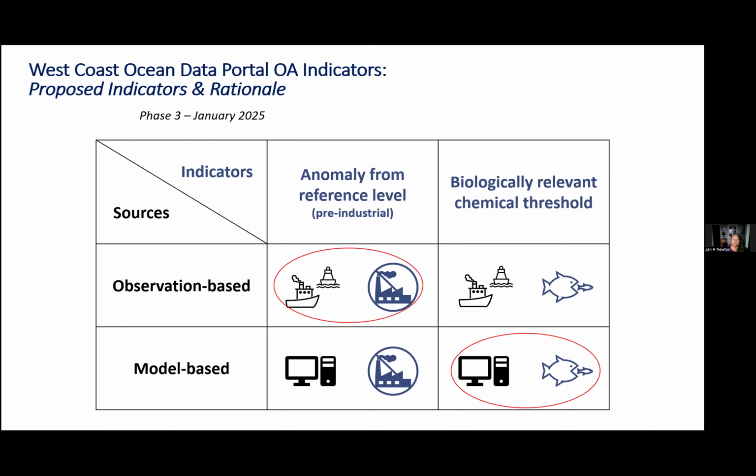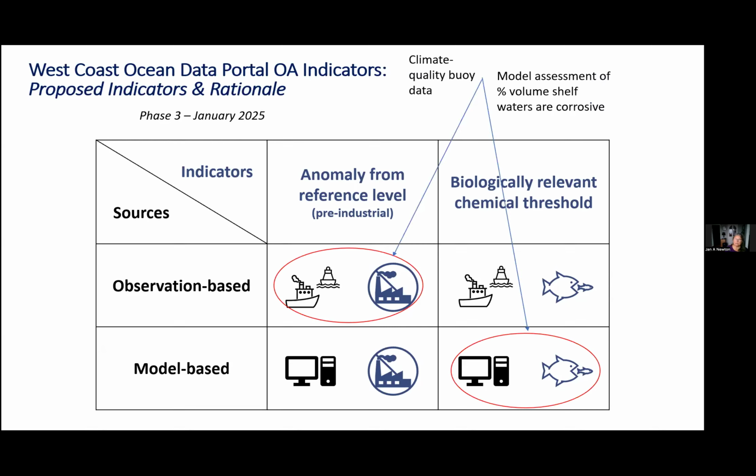And we chose to primarily focus on the observation to answer the first one and the model to answer the second one. But as you'll see, both of these data sets and these indicators are useful for both of these questions.